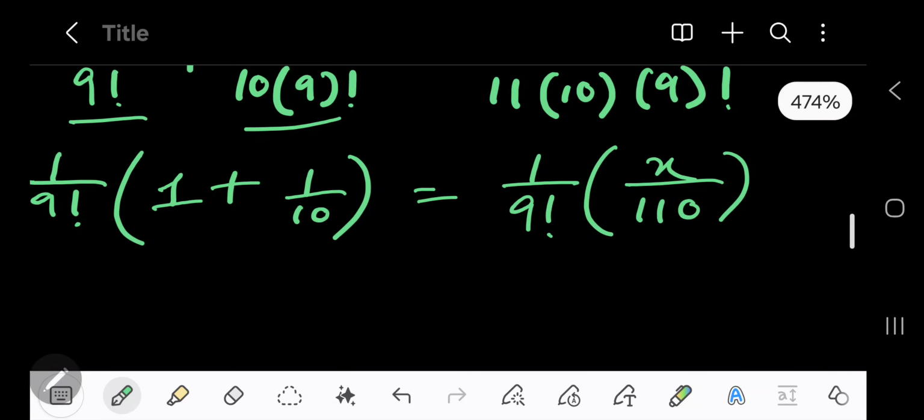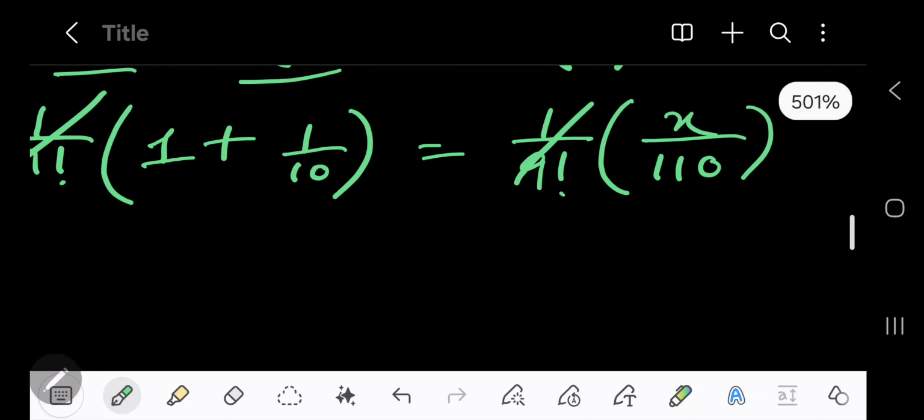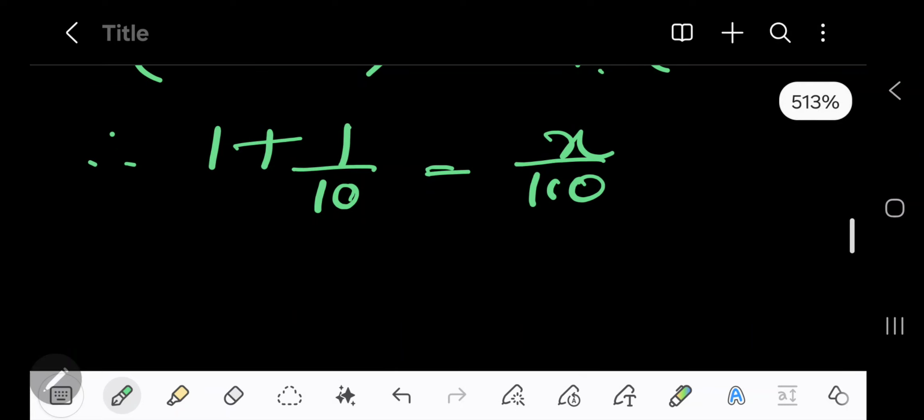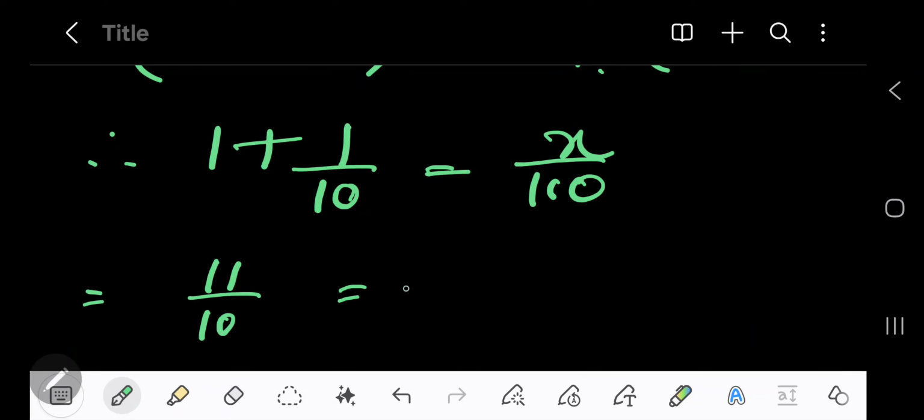So we can cancel 1 over 9! and 1 over 9!. Therefore 1 plus 1 over 10 equals x over 110. 1 plus 1 over 10 is just 11 over 10, equal to x over 110.